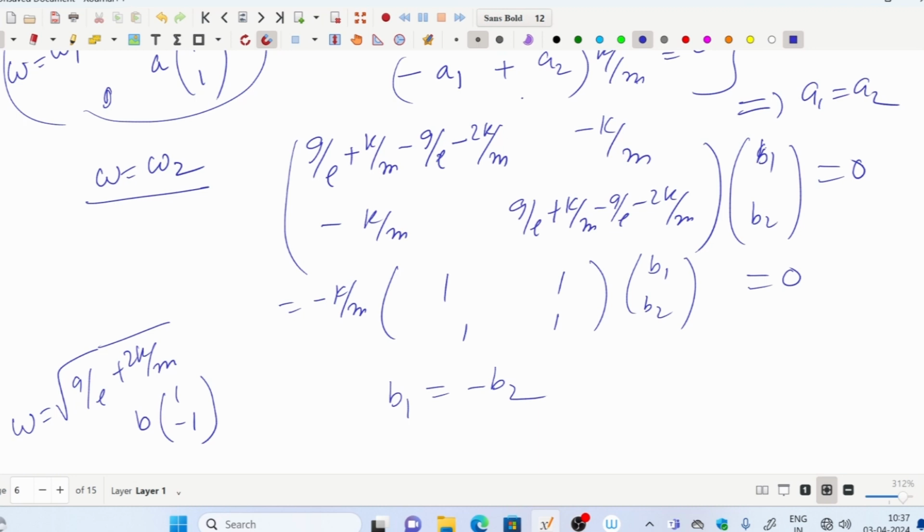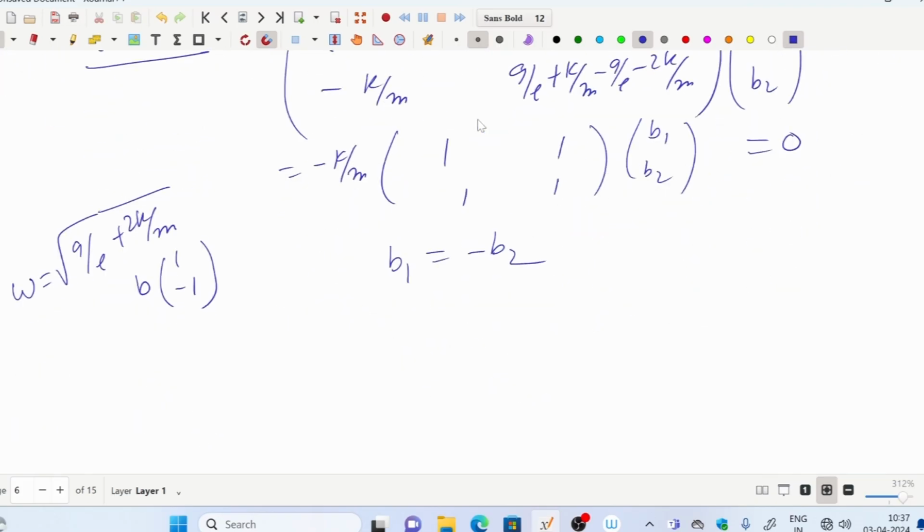Maybe we do not have time now, so in the next class we will explain how to normalize this solution. Orthogonality, you can check that your 1 1 and 1 minus 1, these are orthogonal, right. So, you can find that these two are orthogonal.